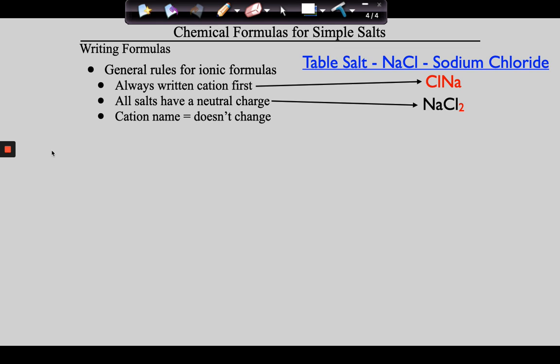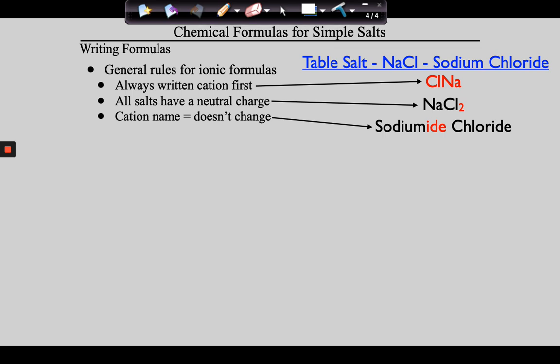When you name salts, the name of the cation does not change. But again, I would propose to you that you already knew that, because you know that table salt is not sodiumide chloride.